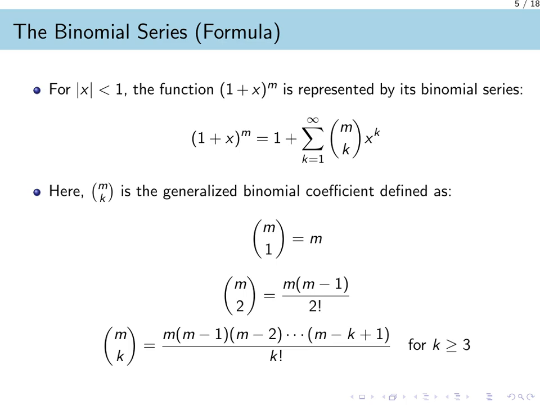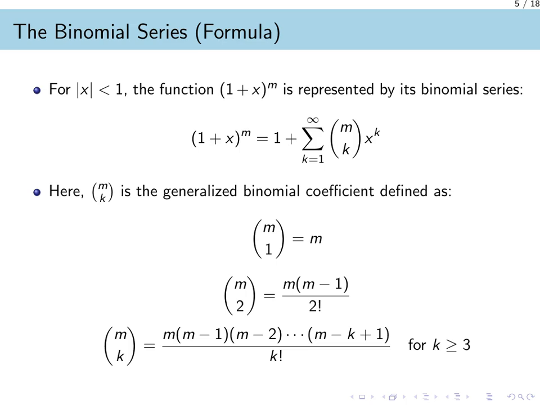Let us look at how to calculate this coefficient. For k equals 1, the coefficient is simply m. For k equals 2, it is the fraction m times the quantity m minus 1, all over 2 factorial. The general formula for k greater than or equal to 3 follows this pattern.